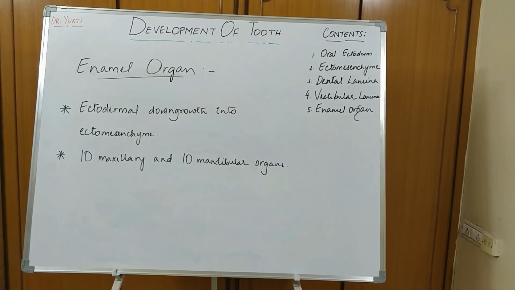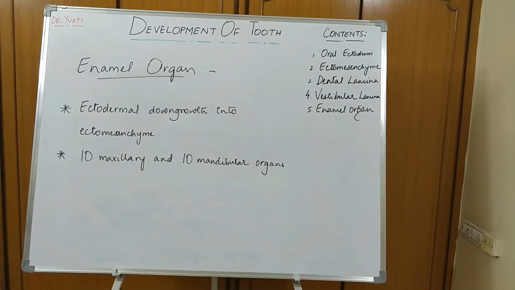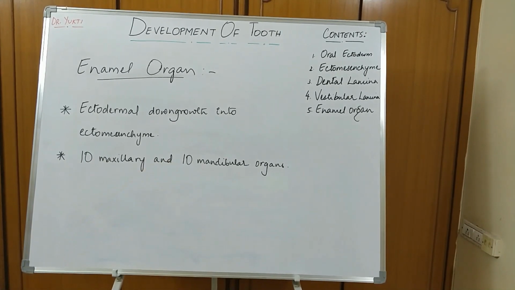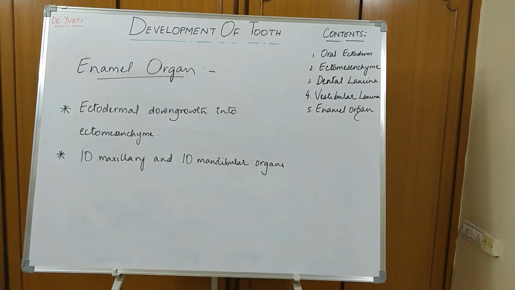So there is ectodermal downgrowth into the ectomesenchyme. Now this ectodermal downgrowth is not uniform. Okay, it occurs wherever the future tooth is supposed to be present. So since we are talking about the primary teeth, there are 10 maxillary and 10 mandibular enamel organs that shoot out from the dental lamina.